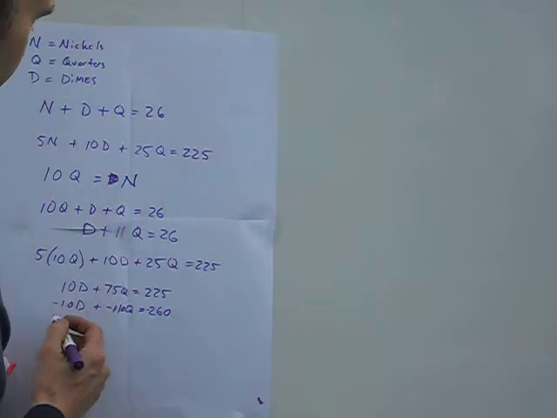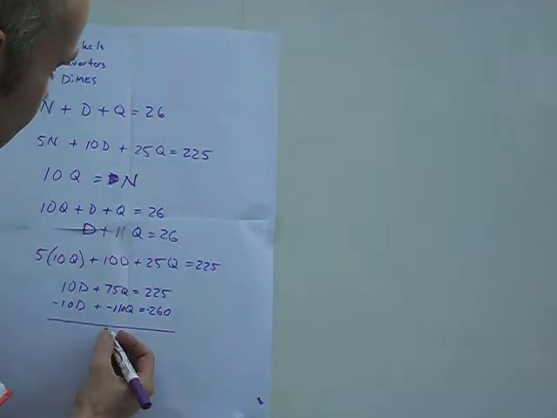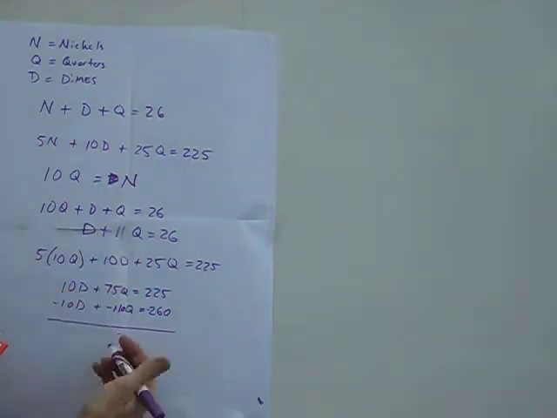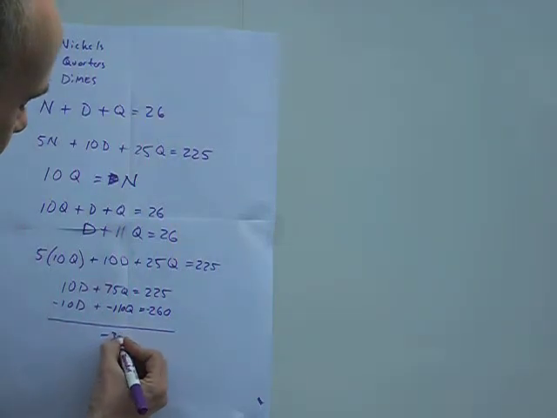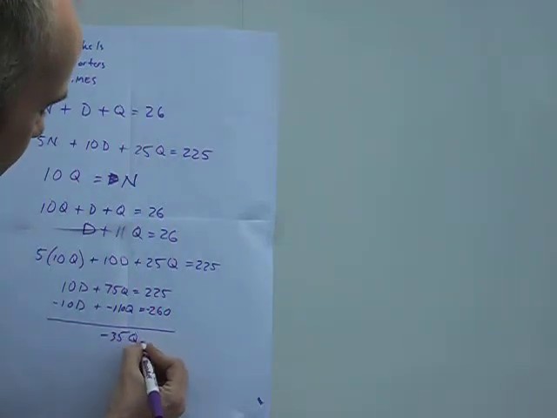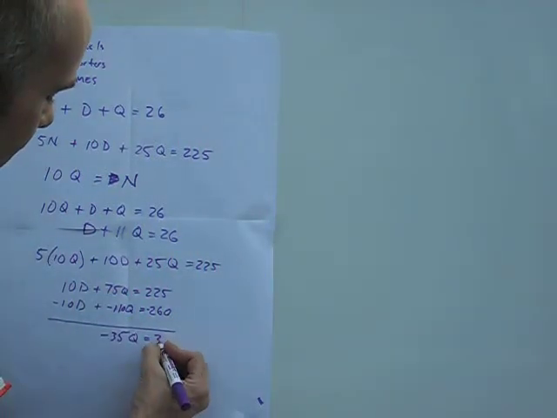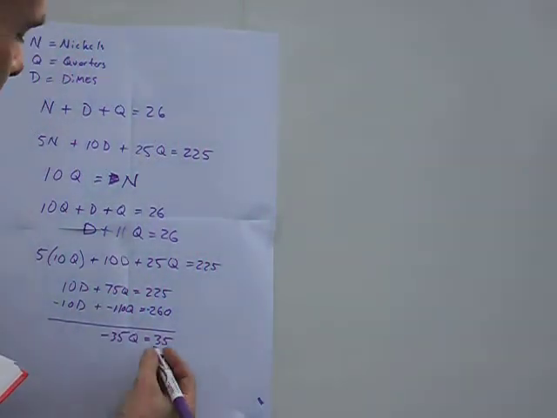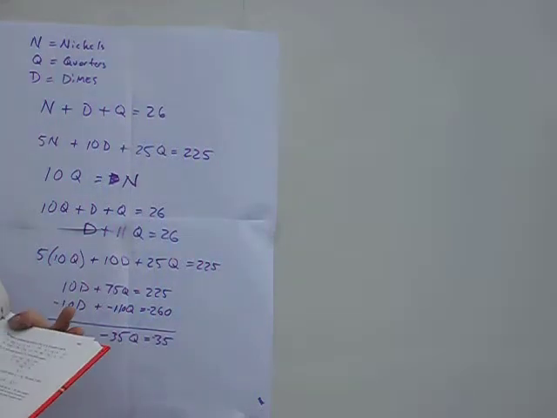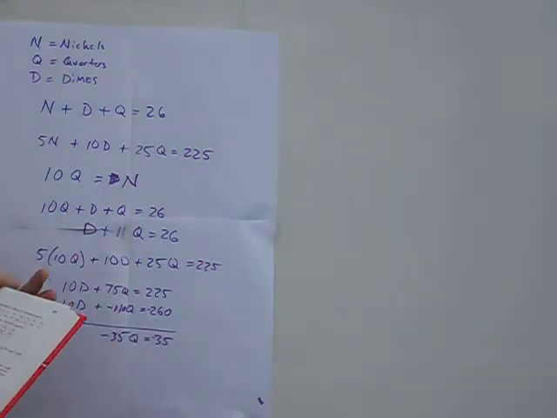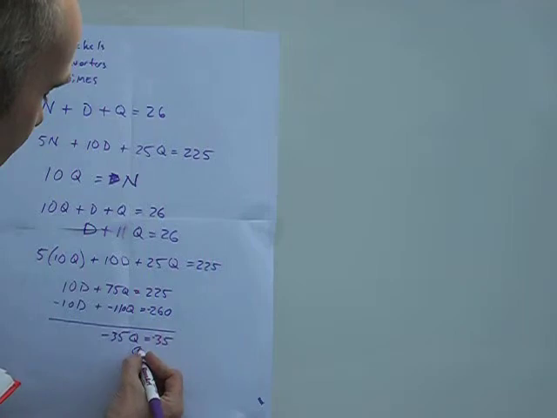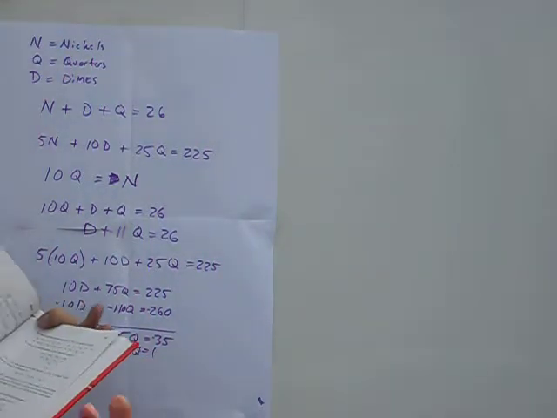And then we'll add these. And we'll get 75 minus 110, so minus 35q is equal to 225 minus 260, which is minus 35. So if you divide both sides by minus 35, you get q is equal to 1. So there's 1 quarter.